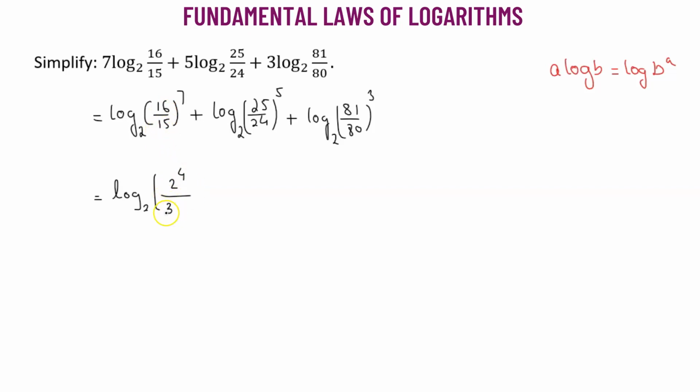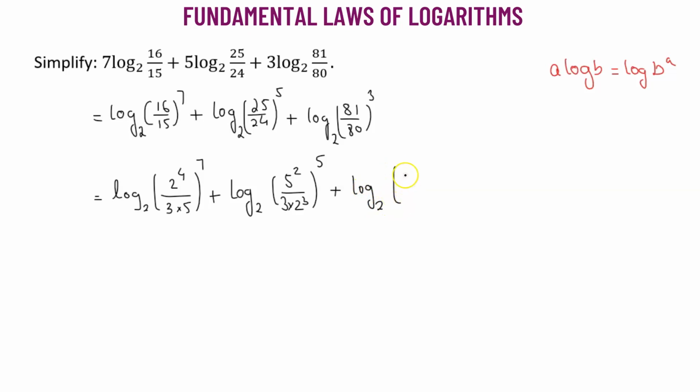So 15 is 3 times 5 whole raised to the power of 7 plus log base 2. We have 25, so 25 is 5 squared divided by 24. So 24 is 3 times 8 and 8 is 2 cubed raised to the power of 5 plus log base 2.